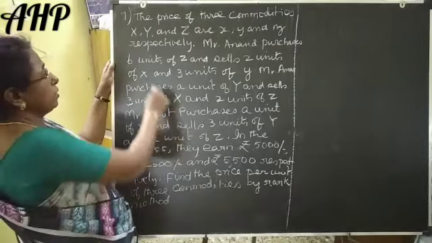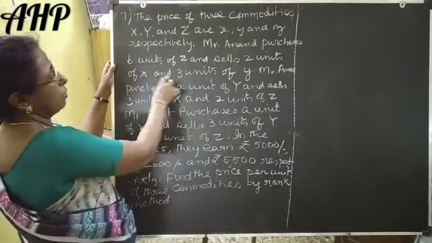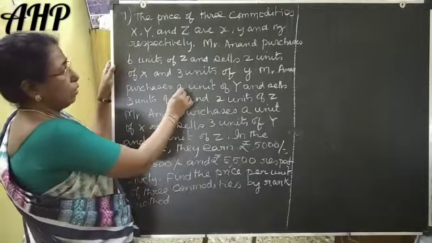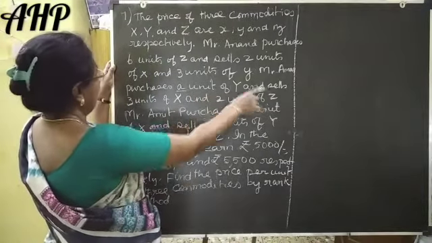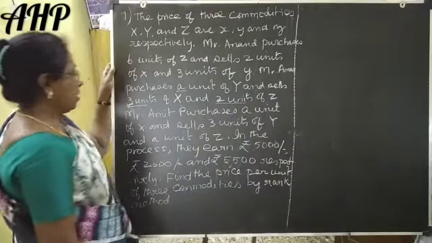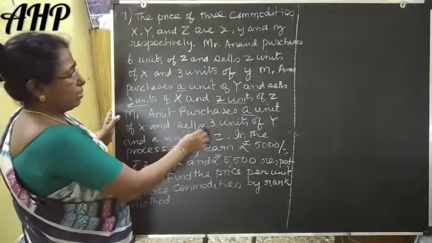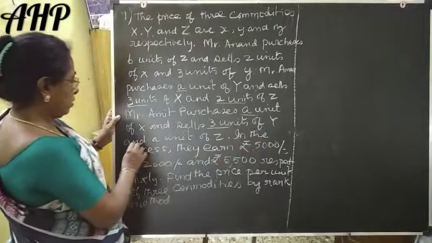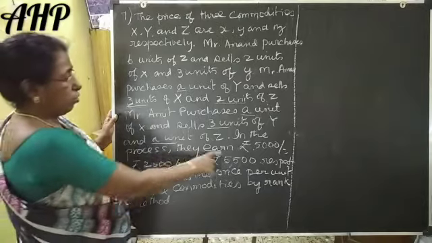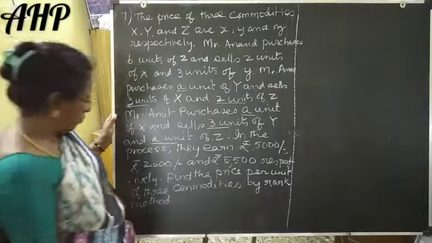Mr. Anand purchases 6 units of Z and sells 2 units of X and 3 units of Y. Mr. Amar purchases a unit of Y and sells 3 units of X and 2 units of Z. Mr. Amit purchases a unit of X and sells 3 units of Y and a unit of Z. In the process, they earn rupees 5,000, 2,000 and 5,500 respectively.